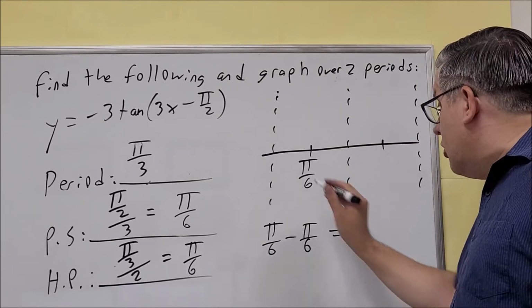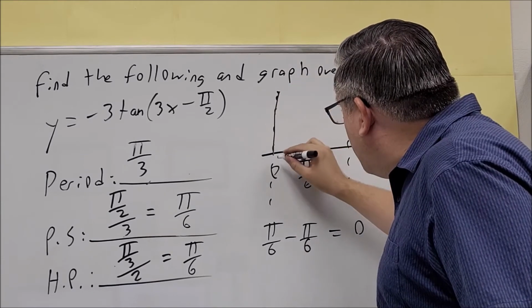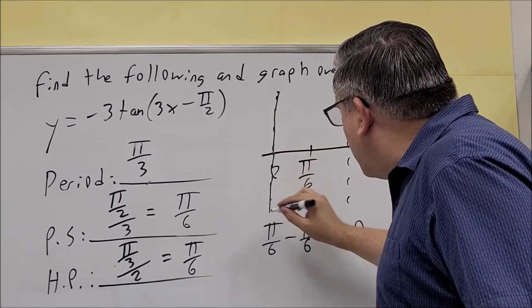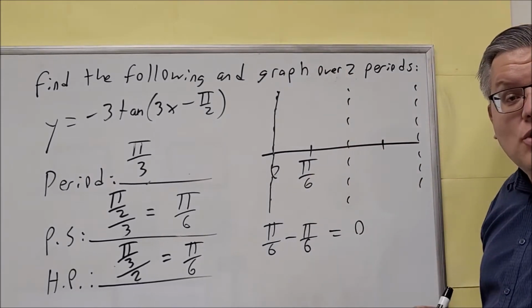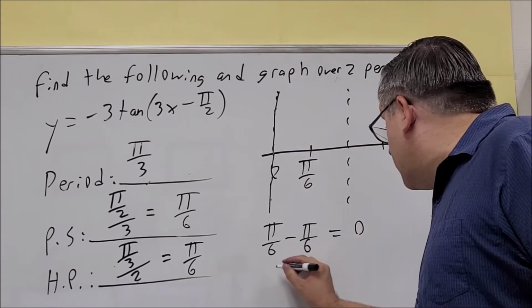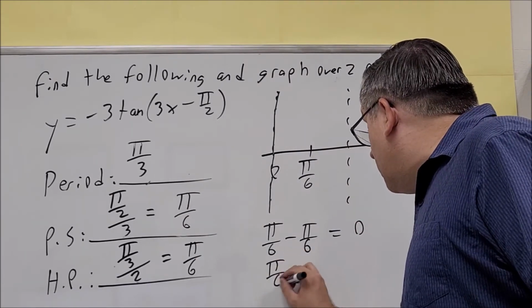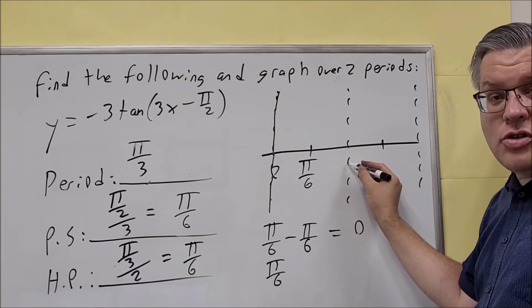That's going to give you 0, which means this is 0. So actually we can make this solid because we know that's going to be the actual y axis that we have there. To find this next one, we're going to take the phase shift, pi over 6, and we're going to add a half point to it, which is also pi over 6.